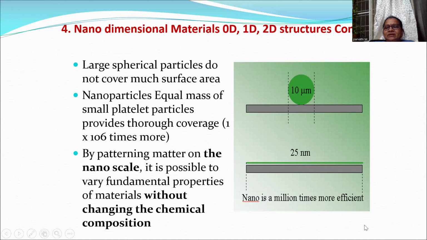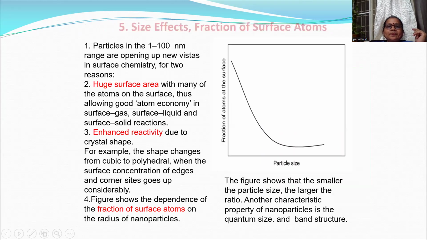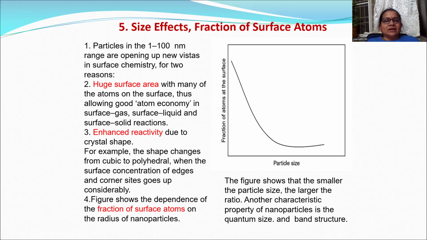And nano is a million times more efficient. In the figure, 25 nanometer is shown as a thin surface layer compared to a 10 micrometer circle particle. Particles in the 1 to 100 nanometer range are opening up new vistas in surface chemistry for two reasons. Huge surface area with many of the atoms on the surface allows good atom economy in surface gas, surface liquid, and surface solid reactions.